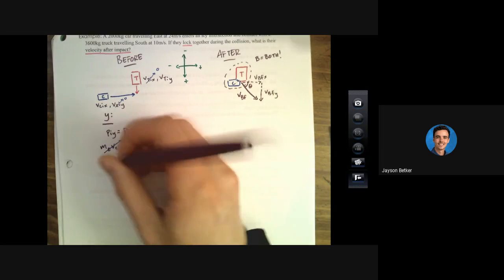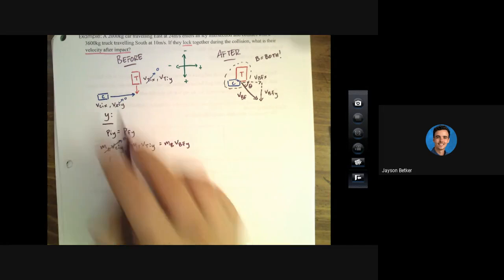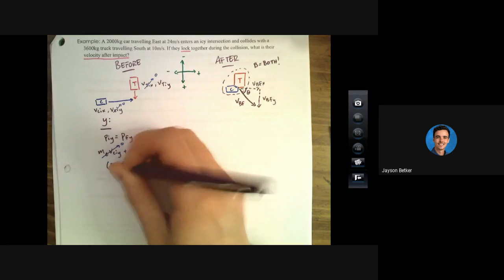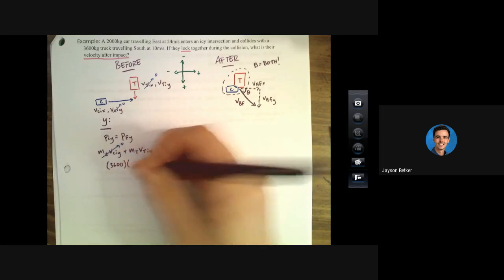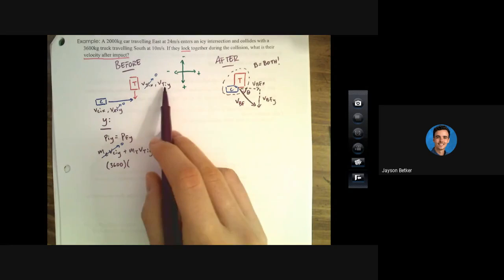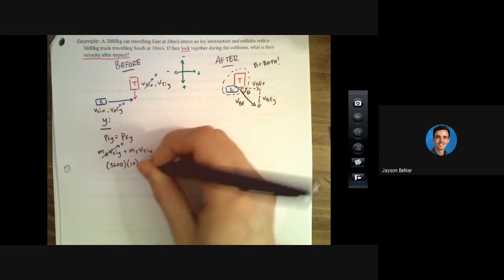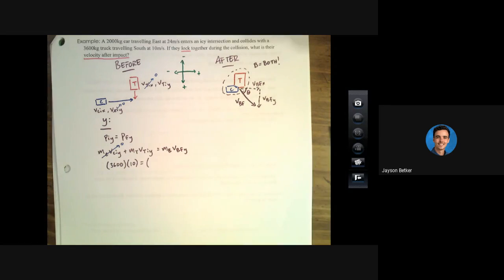Okay. And then what that means is that I can plug in my mass of the truck, which it says in the question is 3,600. So 3,600 times the velocity of the truck in the y direction, which was 10, and set that equal to the mass of both. So the mass of both, let's use a different color here to just show how we get the mass of both.